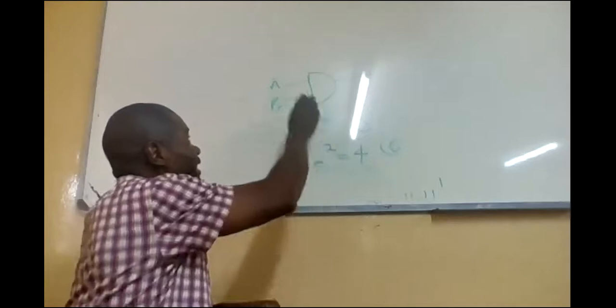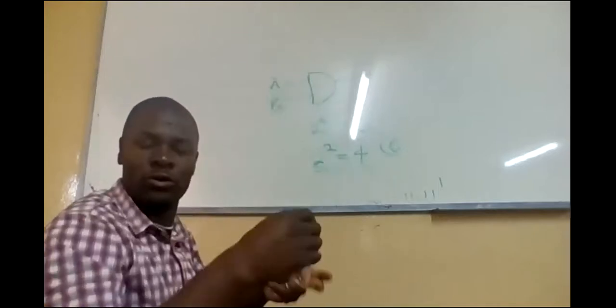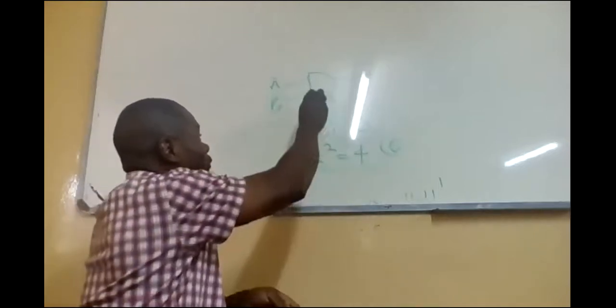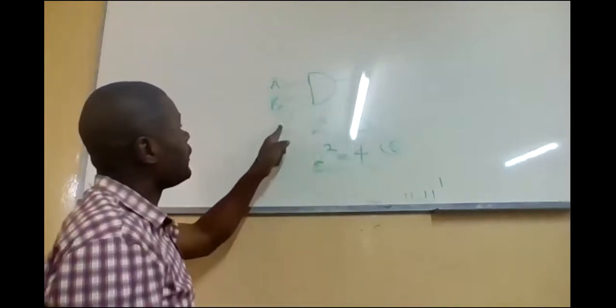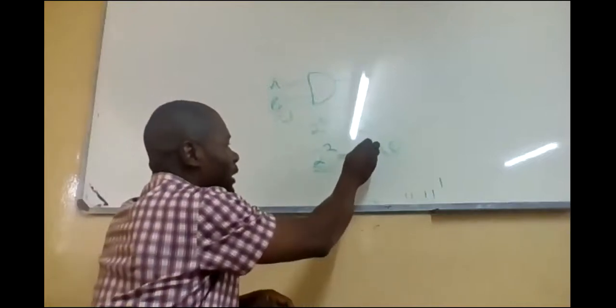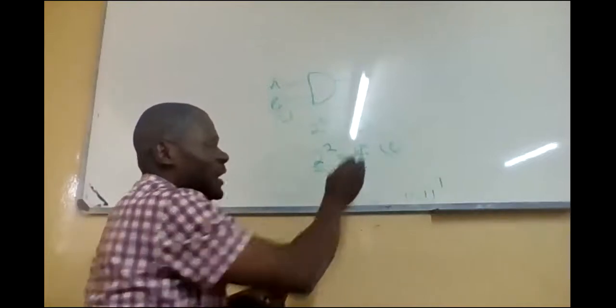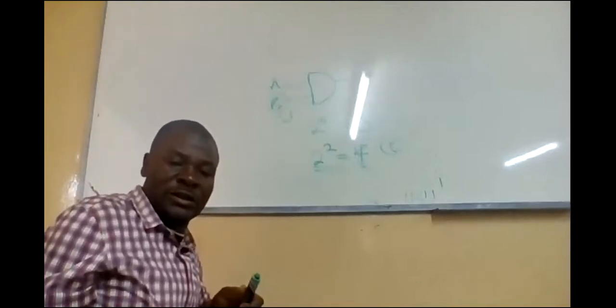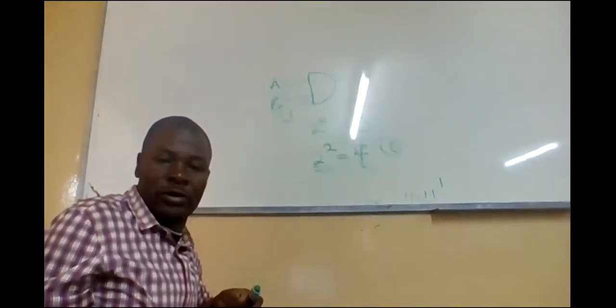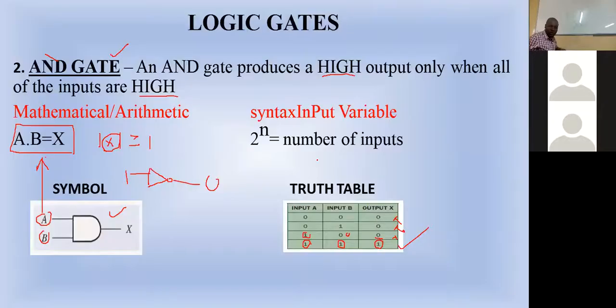That n is the number of inputs you are going to be given. If they gave you that the number of inputs is 3, then the number of possible input variables is going to be 8. So looking at the scenario we were looking at, we have two inputs.